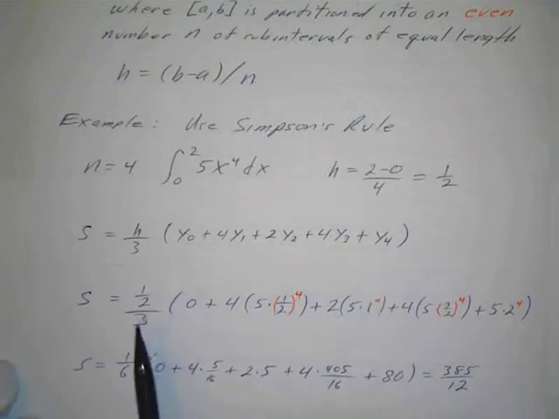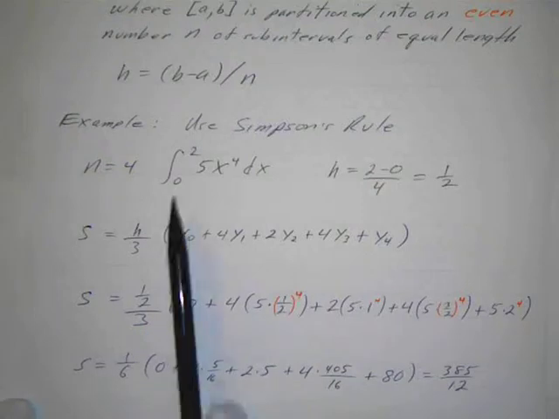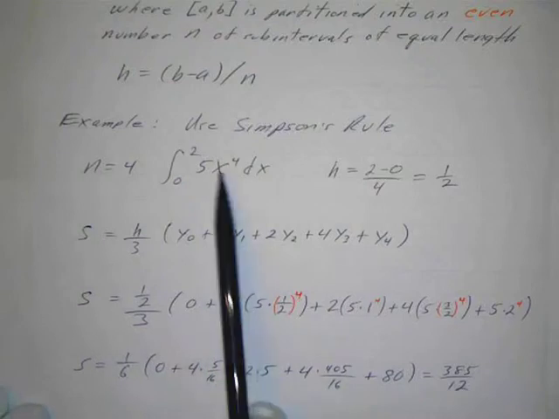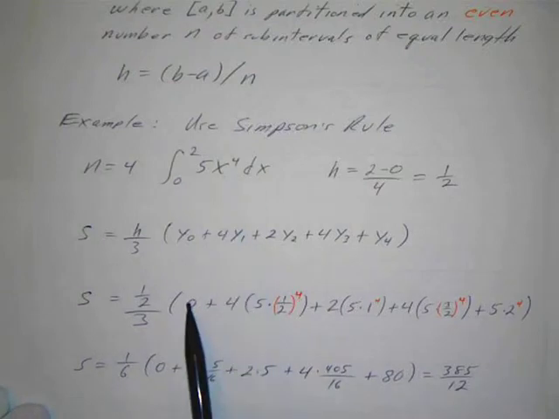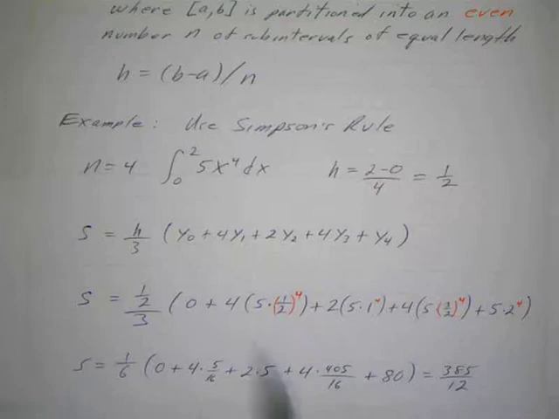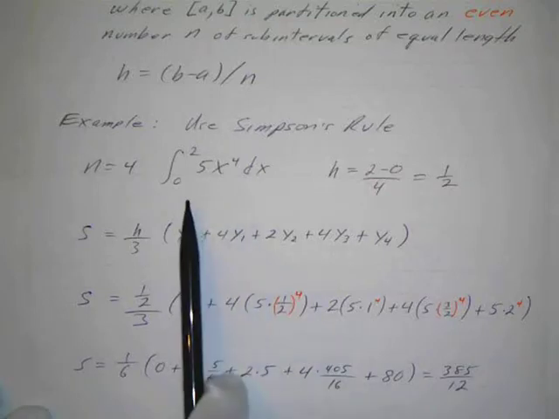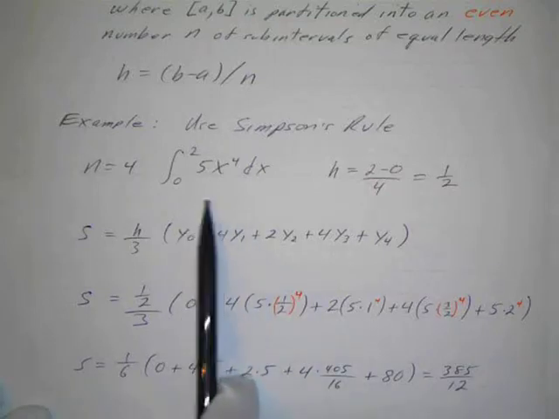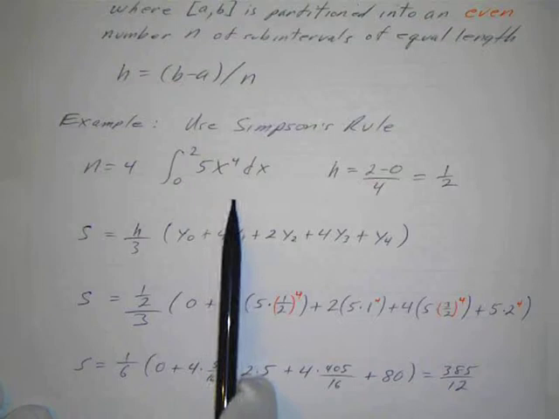So I just substitute into the rule: 1/2 divided by 3. Then y0: I'm starting at 0, so 5 times 0 to the 4th is 0. Then 4 from Simpson's rule, times the function 5 times my subinterval points. Going from 0 to 2, the points are 0, 1/2, 1, 3/2, and 2.